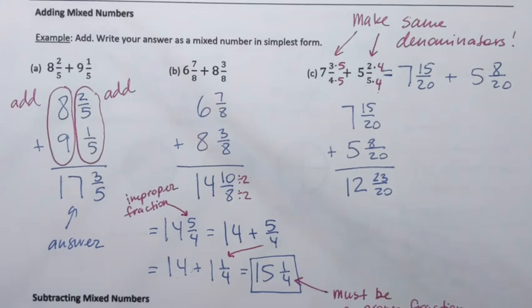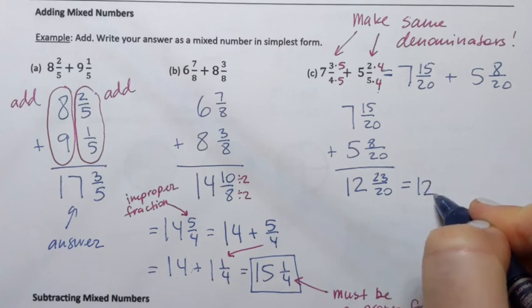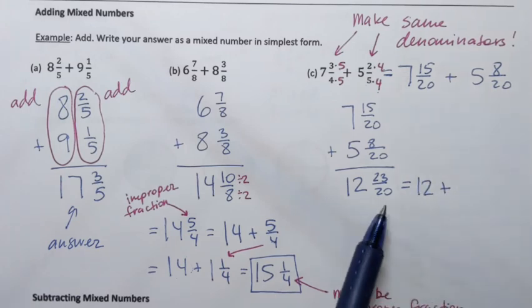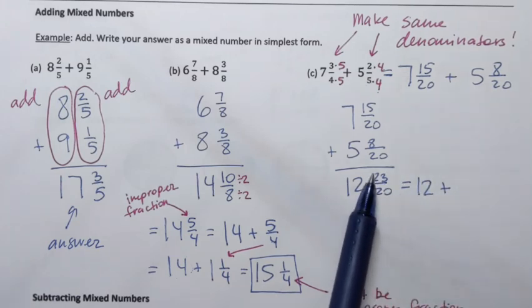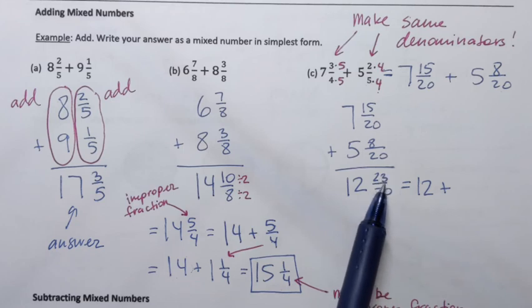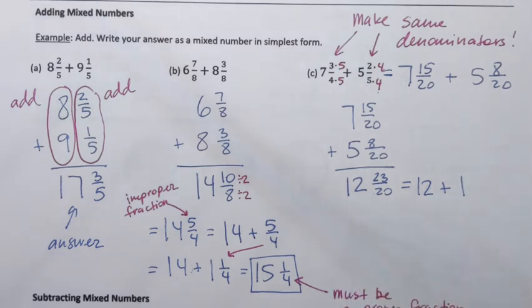To do that, I'm going to separate 12. I'll say 12 plus, and then plus what? What is that fraction as a mixed number? 23 over 20. I have to divide 23 by 20. So 20 goes one time into 23. And then the remainder will be 3. So it's 1 and 3 over 20.